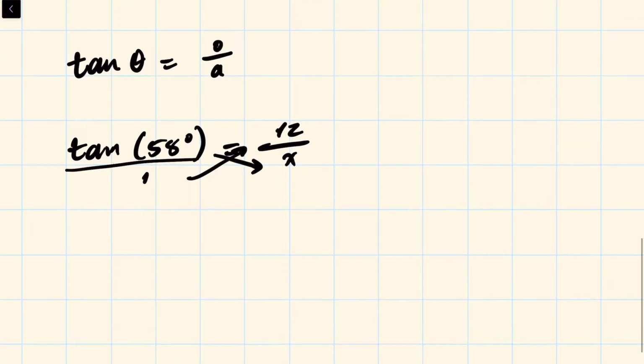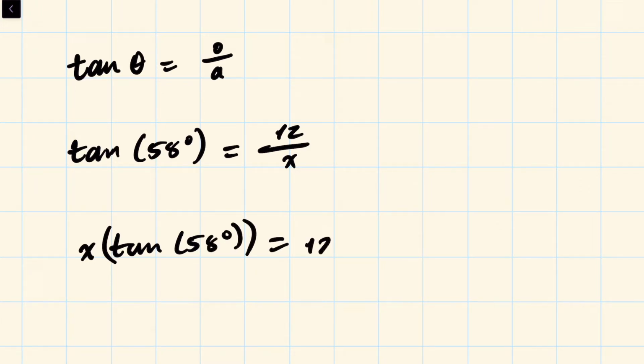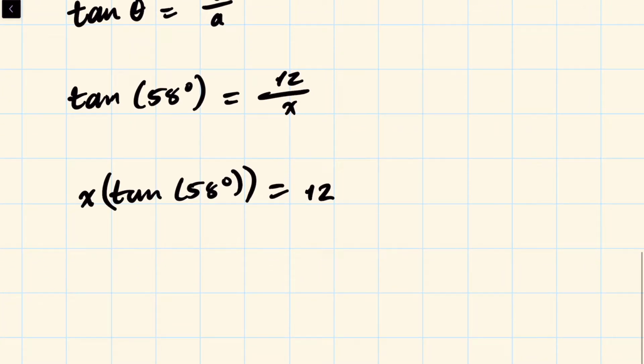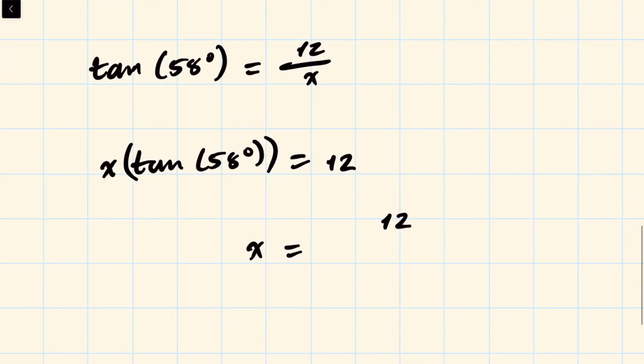So let's do that here now. x times the tangent of 58 degrees equals 12. Okay, and so x is going to be 12 over the tangent of 58 degrees.